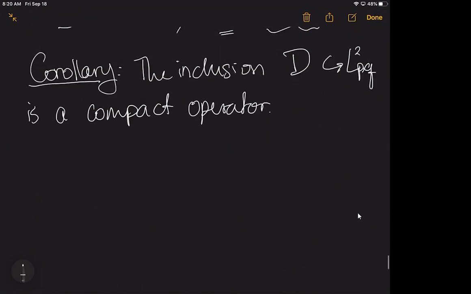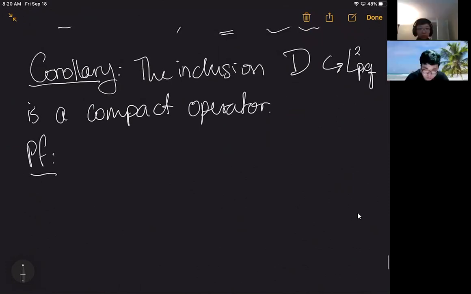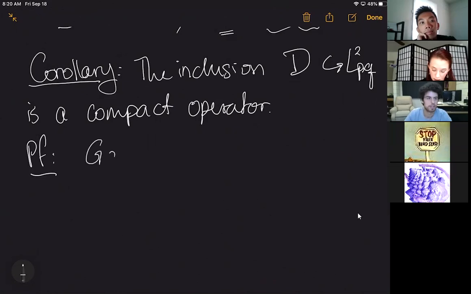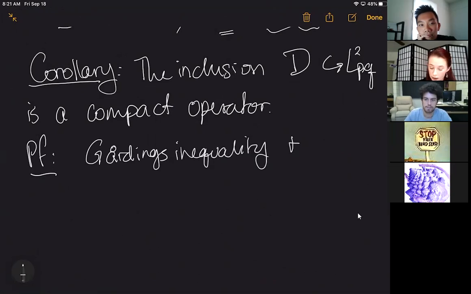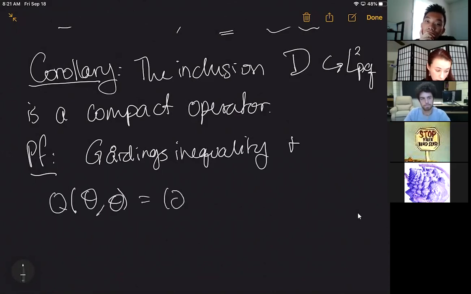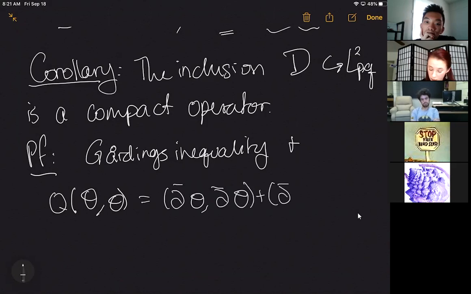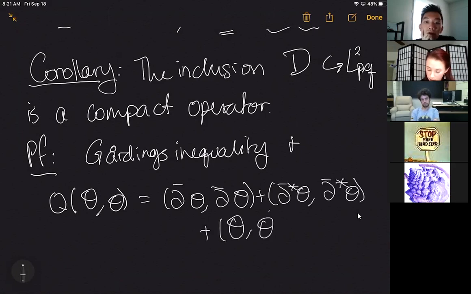So this follows by simply observing Gårding's inequality, and when we write down our Q norm, this is equal to the L2 norm of d bar theta plus d bar star theta plus the L2 norm of theta.